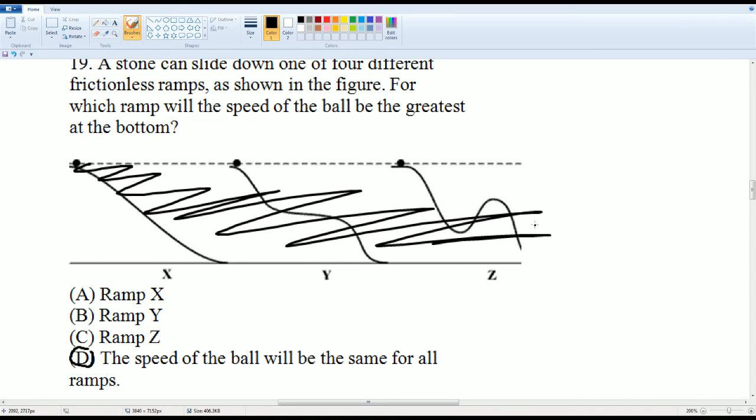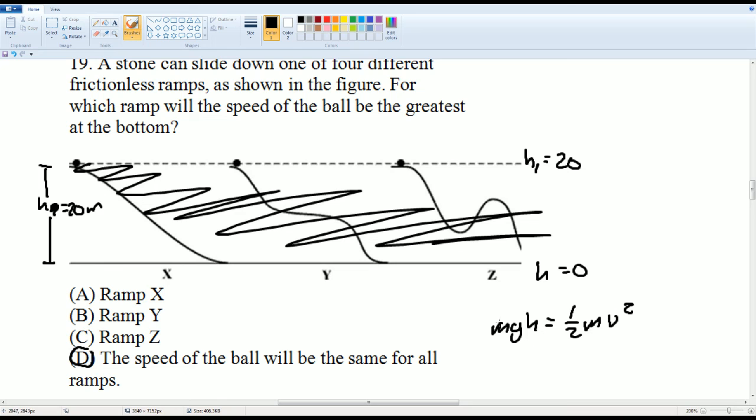So the height here can be, let's say, 20 meters. Height H is 20, and the final height is equal to 0. If you work it out, mgh is all going to be converted to 1/2 mv squared. So your velocity is going to be defined by gravity and height.